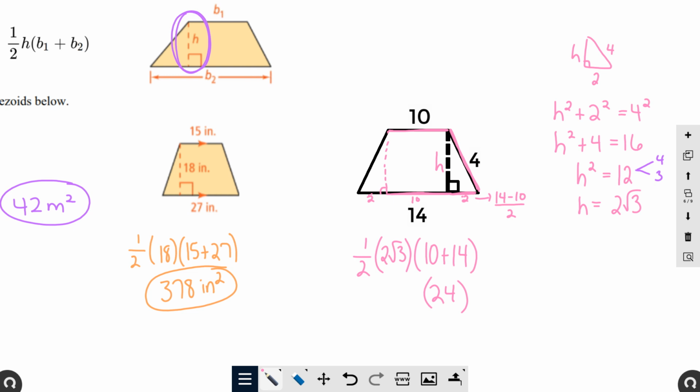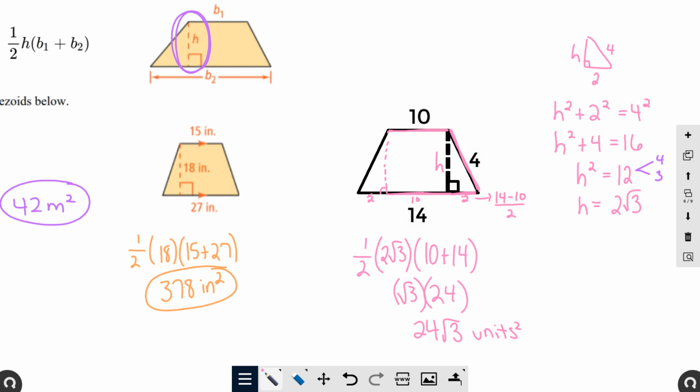So what's 1/2 times 2? 1. So really this is just square root of 3. So my answer is just 24 times the square root of 3. So when you multiply things that have a square root in them, you just multiply the numbers outside together. 1/2 of 2 is just 1, or those two cancel out. So I'm just left with the square root of 3, and I'm timesing that by 24, so I'll put that in front.